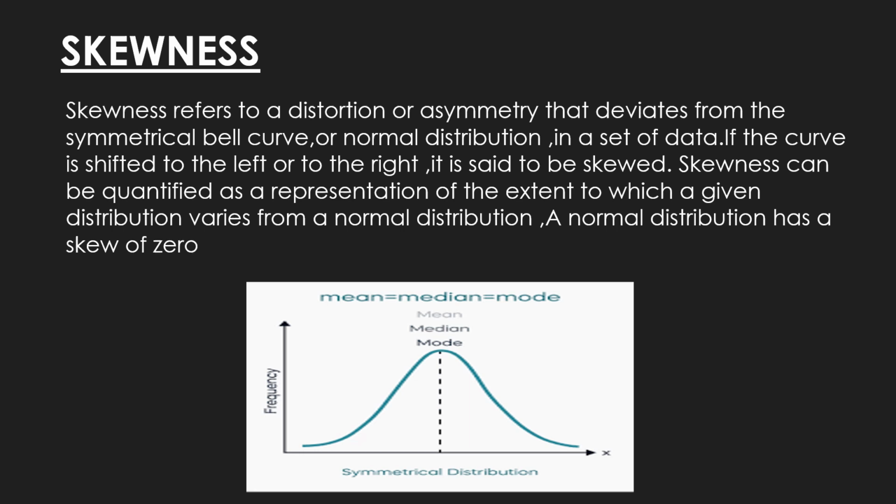A normal distribution has a skew of 0. So, this is the symmetrical distribution in which mean, median and mode are all equal.